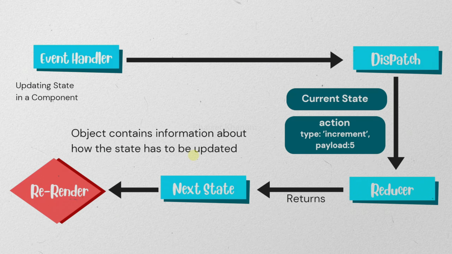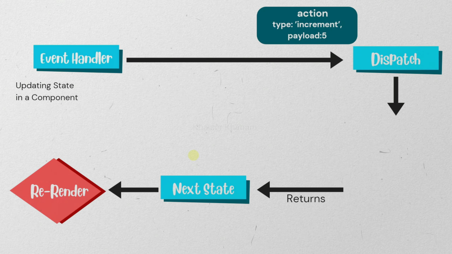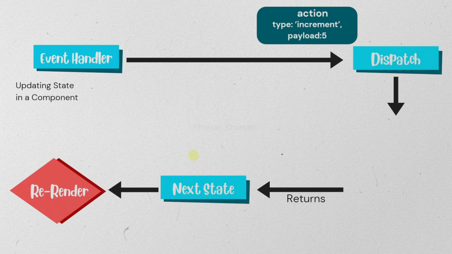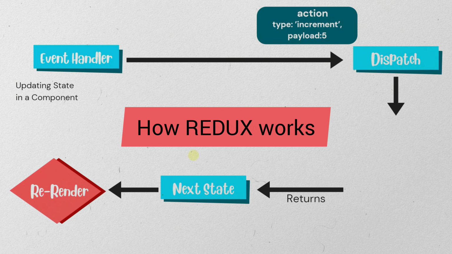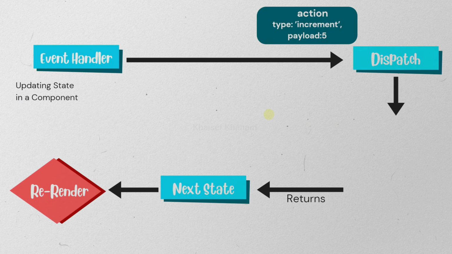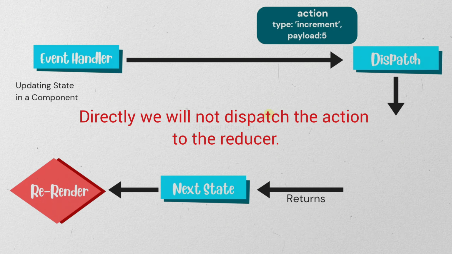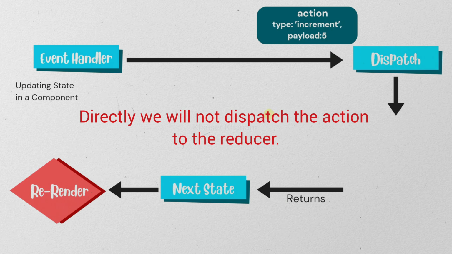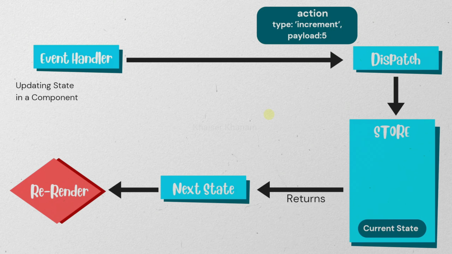But now let us see the mechanism of Redux. In Redux, everything is the same, but we are going to add two more things in order to learn how Redux works. The first difference between useReducer and Redux is that in Redux, we do not dispatch the action directly to the reducer. Instead, we dispatch the action to our store.